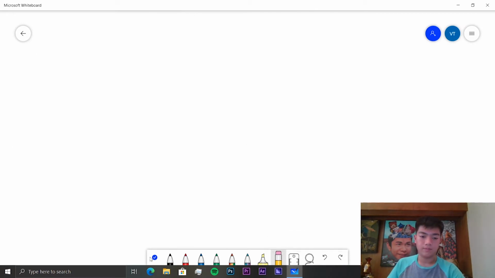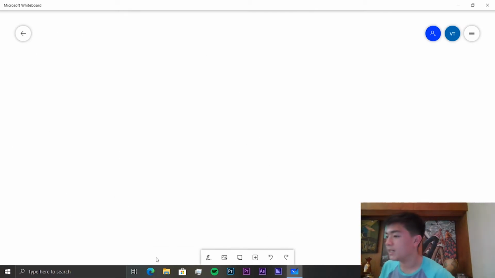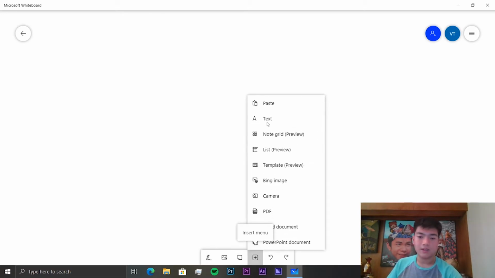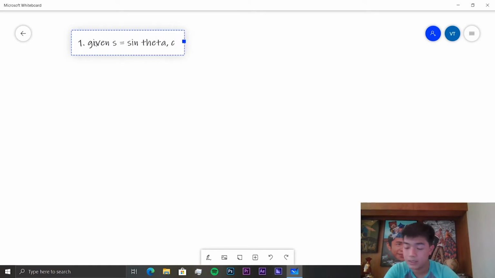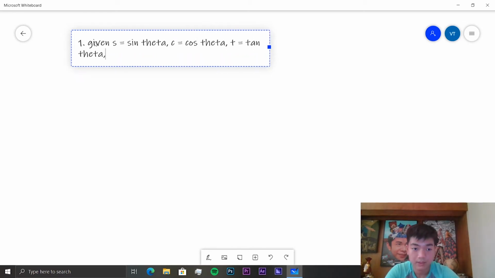For the first question, I'll do every other one starting from the second one. I'm feeling harder questions today. We're given S is equal to sine theta, C is equal to cosine theta, and T is equal to tangent theta. Simplify.